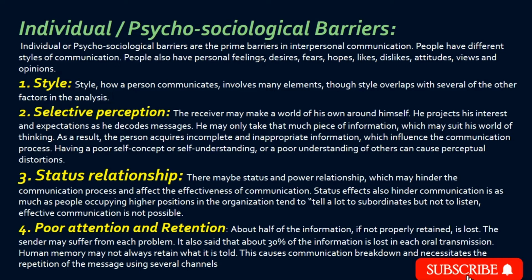We can see this power relationship as well as the status. See, if you take the registrar, he or she never speaks to the staff very freely. So, which may hinder the communication process and affect the effectiveness of the communication.